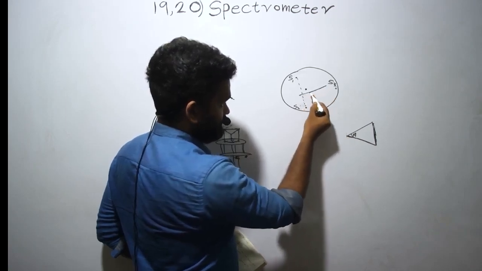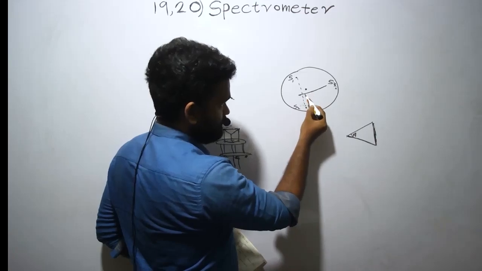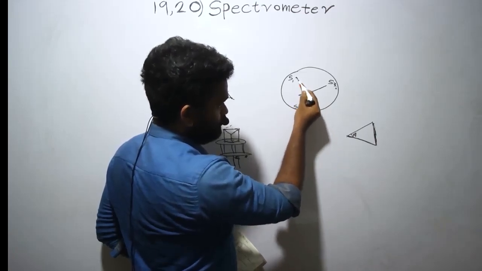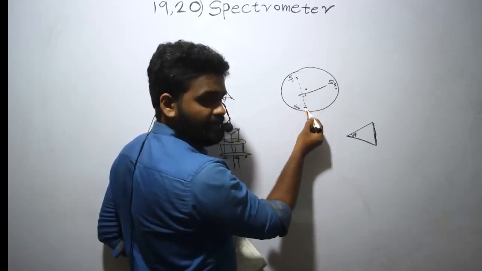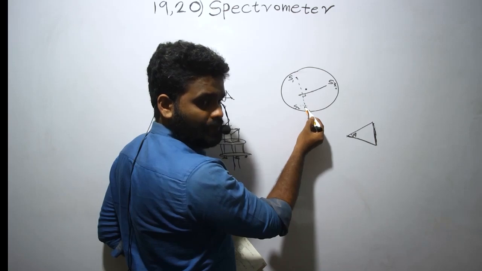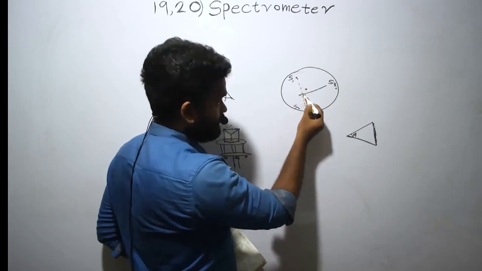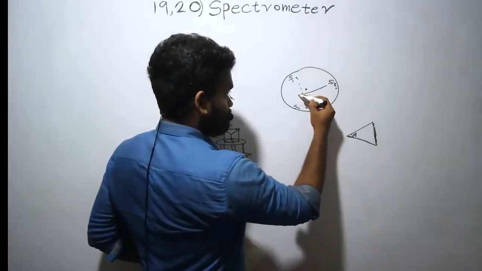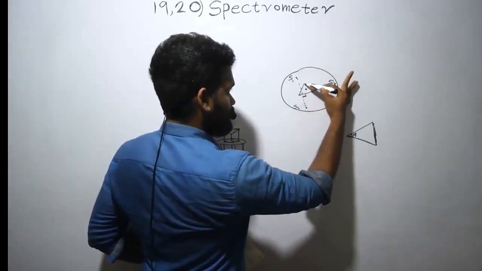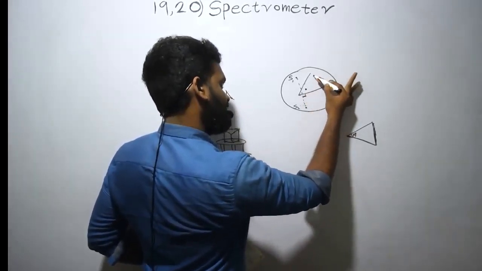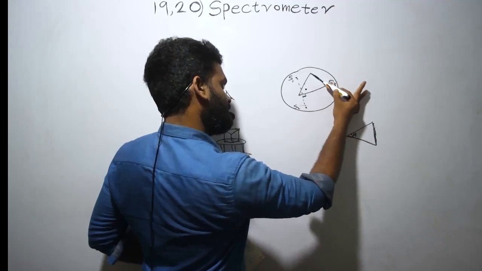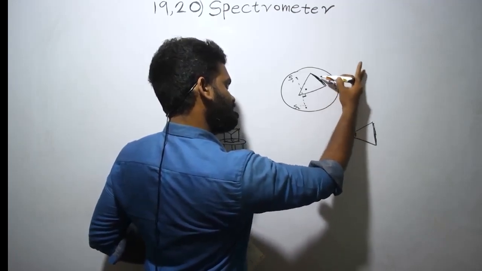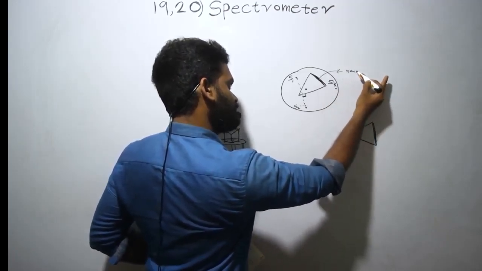One side of the prism is perpendicular to one of these lines. I'll just take the S1S2 line, to be perpendicular like this. So this is the roughened surface.